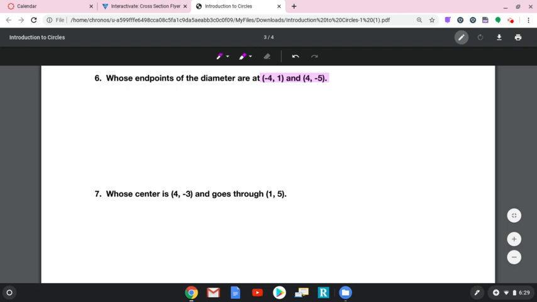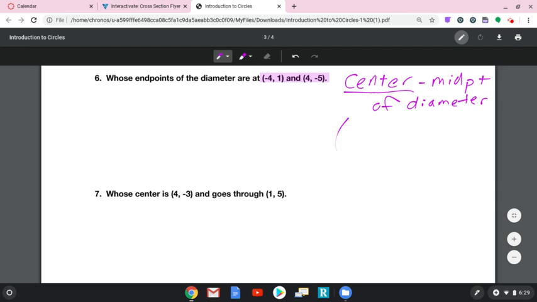Now, if you are given the diameter, we know the center will be the midpoint of our diameter. So I can use my midpoint formula to find my center.